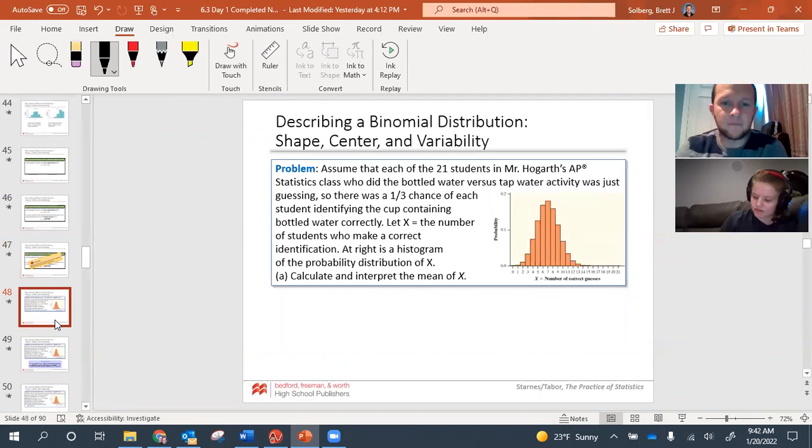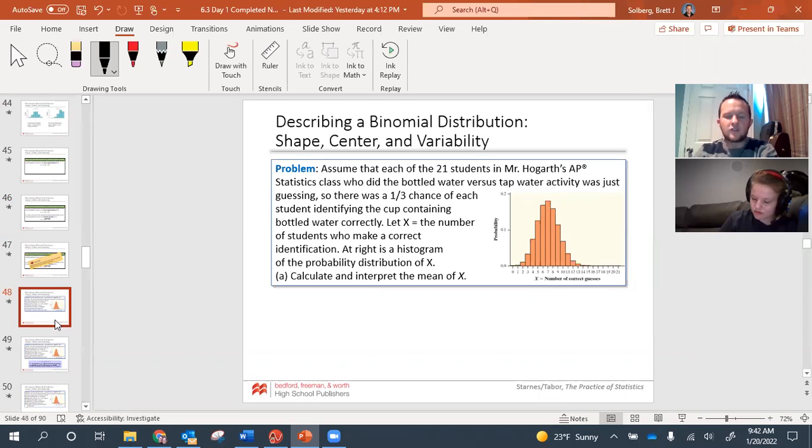So here's another example. Assume that each of the 21 students in Mr. Hogarth's statistics class who did the bottled water versus tap water activity was just guessing. So there's a 1 in 3 chance of each student correctly identifying the cup containing bottled water.